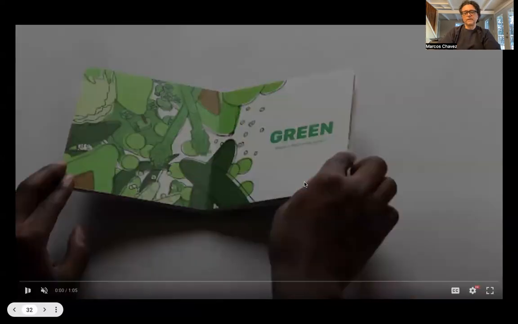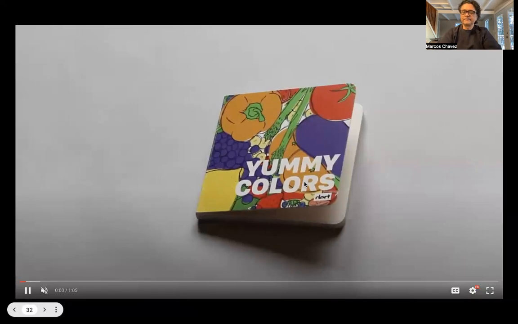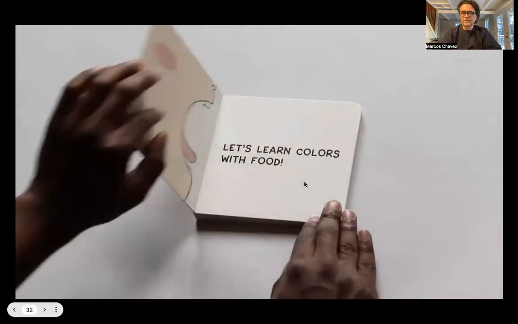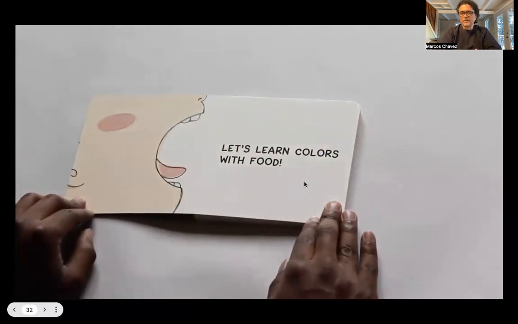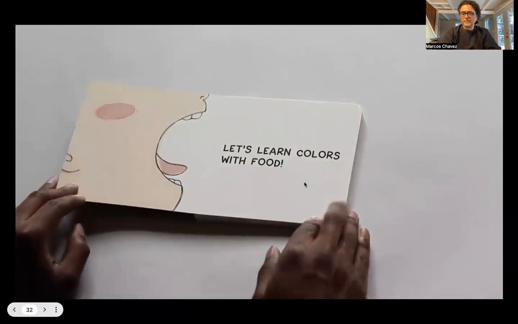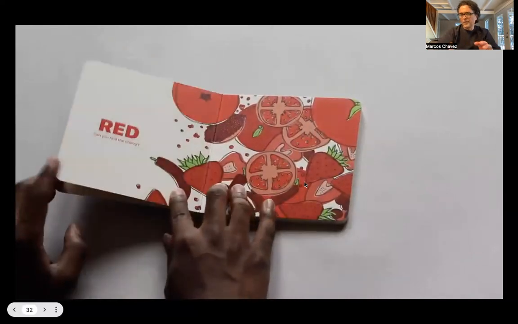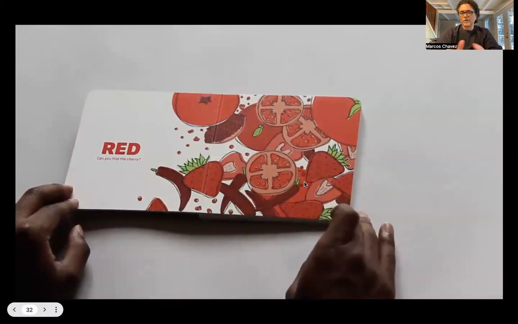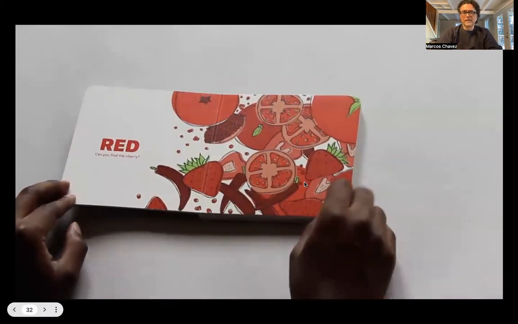And then this book is about taking the idea of colors and taste, or colors and fruits and vegetables, and calling it Yummy Colors, taking yummy, describing something you eat, and colors, something you don't eat. And that makes it a clever idea. So what represents these different colors? So red, and then there's a finding.